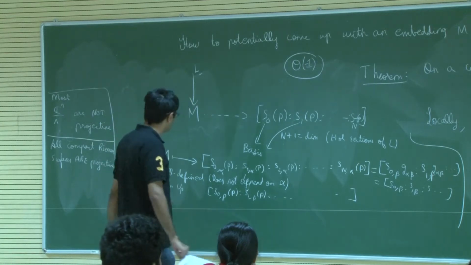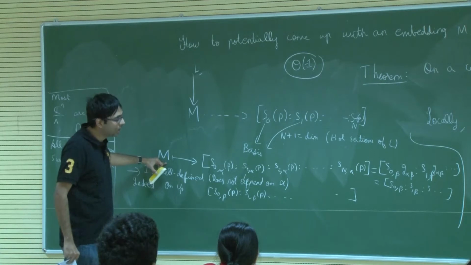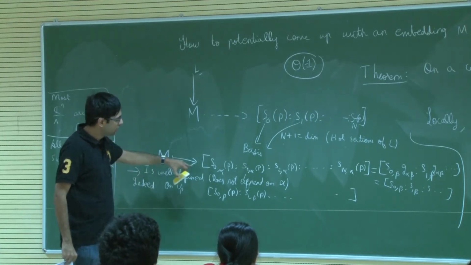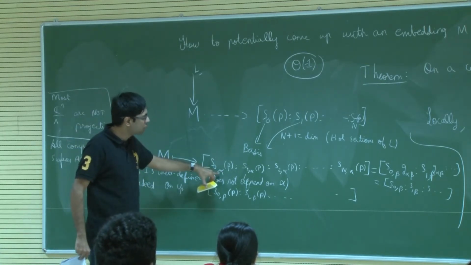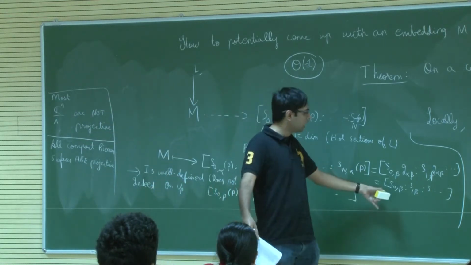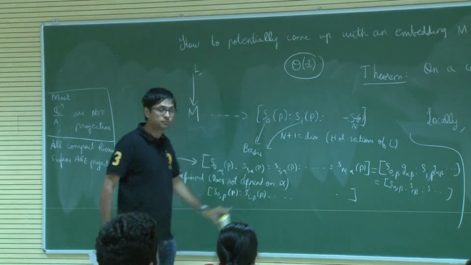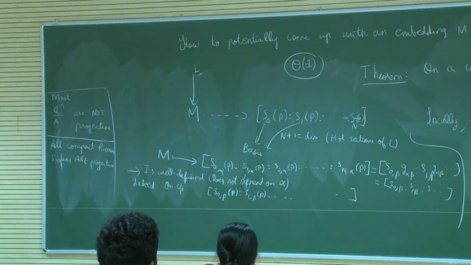But I hope it is clear that this map itself makes sense. I am defining this map using local quantities, but if you change your local data, this map still gives you the same answer. Okay?